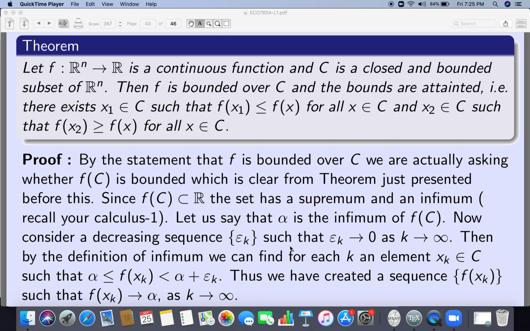But what is important is that the bounds are attained. That means there is an x1 in C for which f of x1 is less than or equal to f of x, and an x2 in C such that f of x2 is bigger than or equal to f of x.